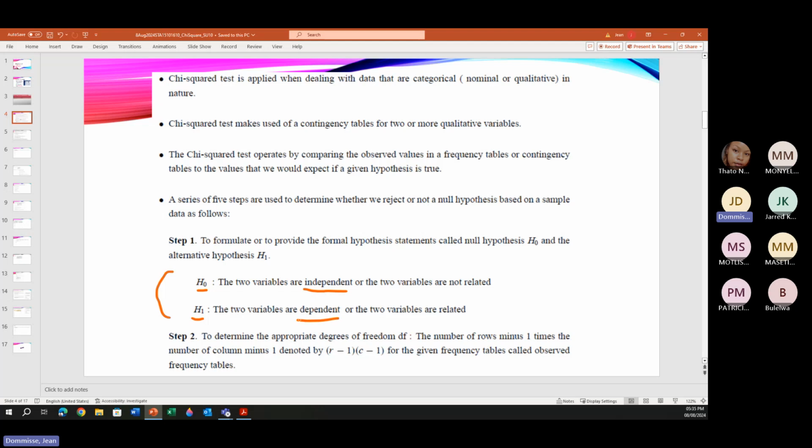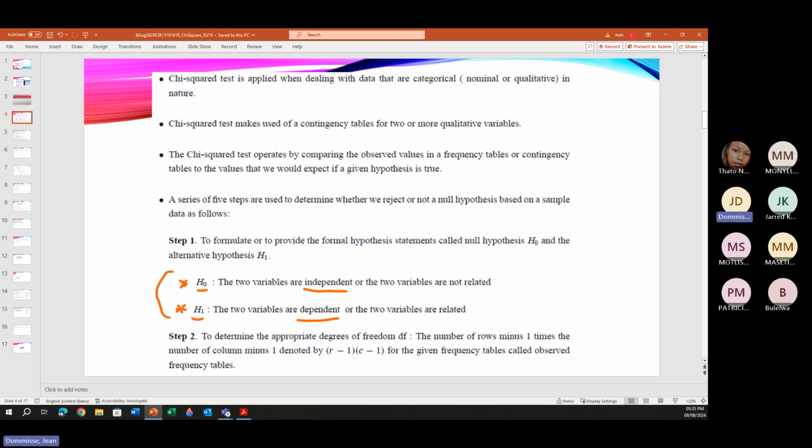So we don't have here the one variable being bigger than the other one, or equal to. With this, we basically want to test if the two variables are dependent or independent. So our null hypothesis is always going to state the two variables are independent, and our alternative hypothesis is going to be that the two variables are dependent.